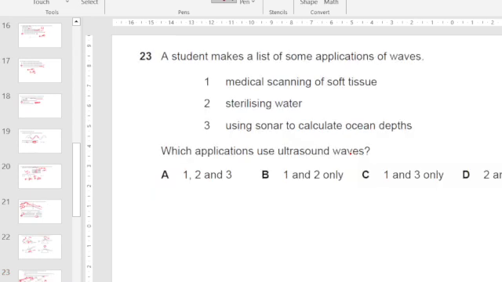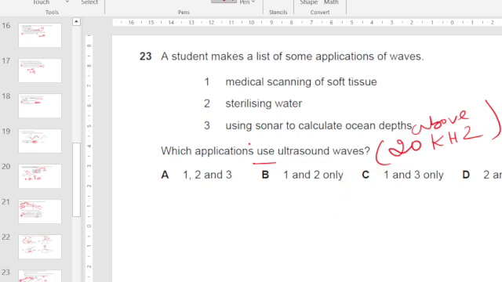The 23rd question. A student makes a list of some applications of waves. Which applications use ultrasound waves? We know that ultrasound waves have a frequency above 20 kilohertz. These sound waves are said to be ultrasound waves.